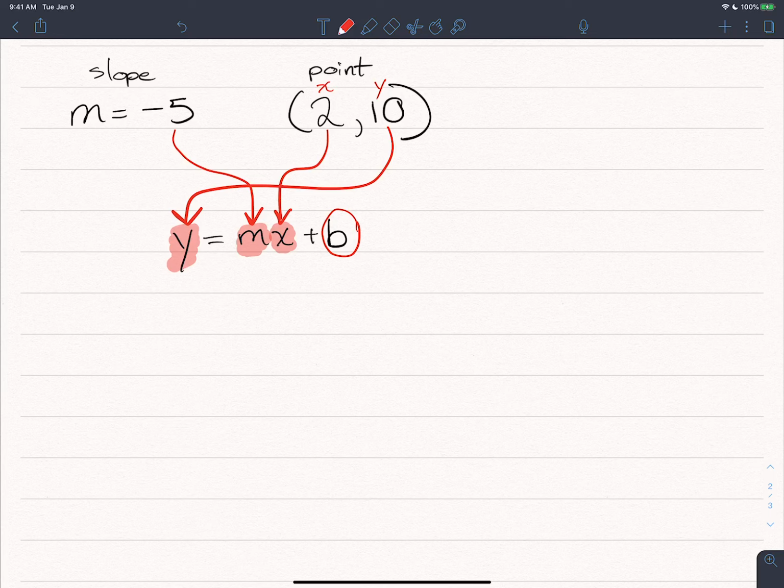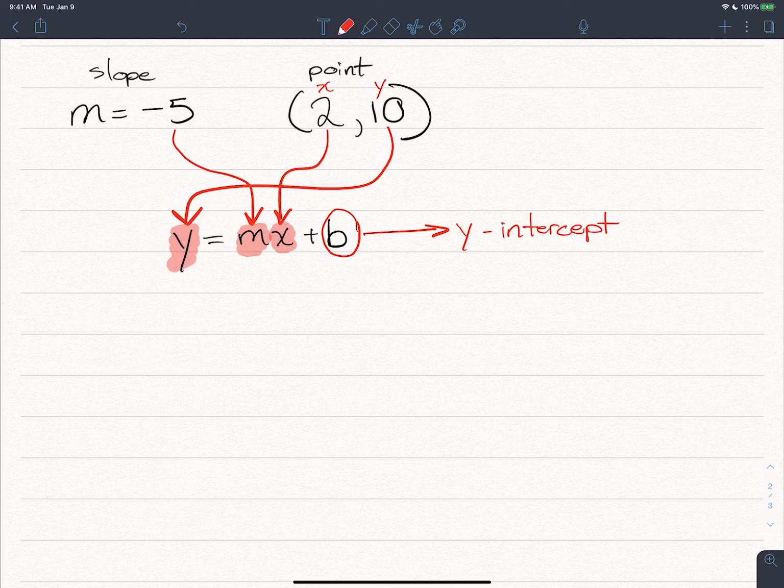Now, just real quick before we continue, what did we say b was? When we said the names of different things in our function, what did we say b was? So just think about that for a second. Look back in the notes if you have to, and I'll tell you the answer. We said b was the y-intercept.